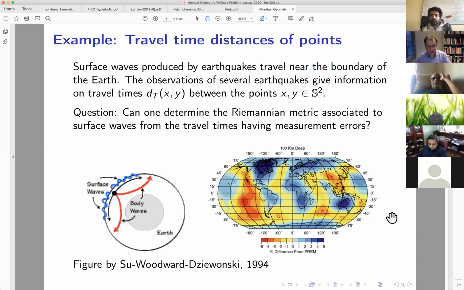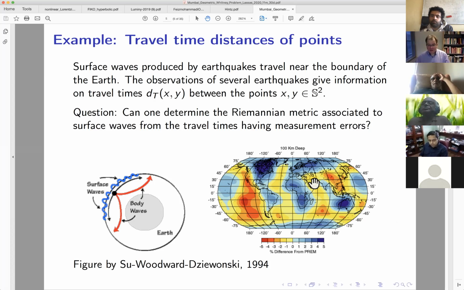And here is, for instance, a reconstruction from earthquake data, how the earth scientists believe that the wave speed of surface waves behaves a little bit below the surface of Earth. So here we don't have embedded submanifold.